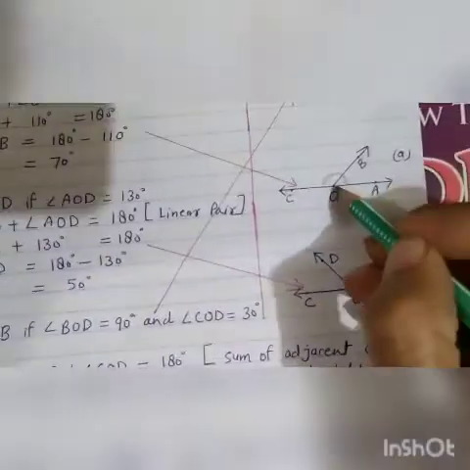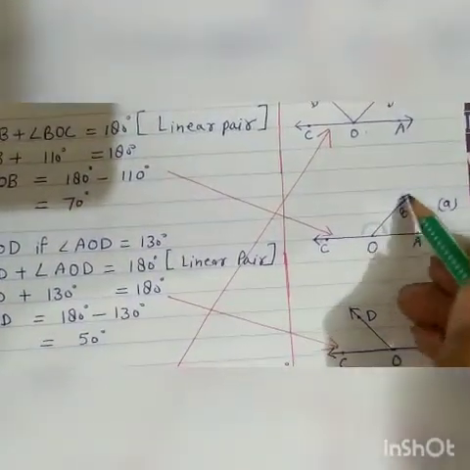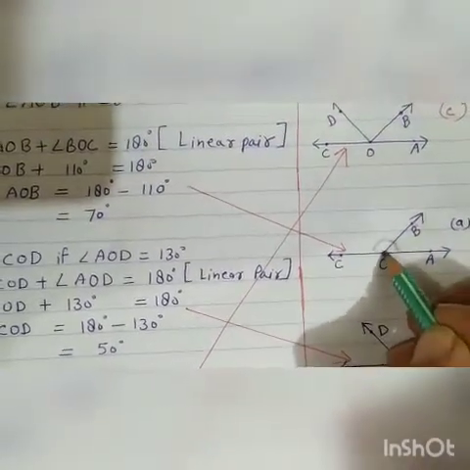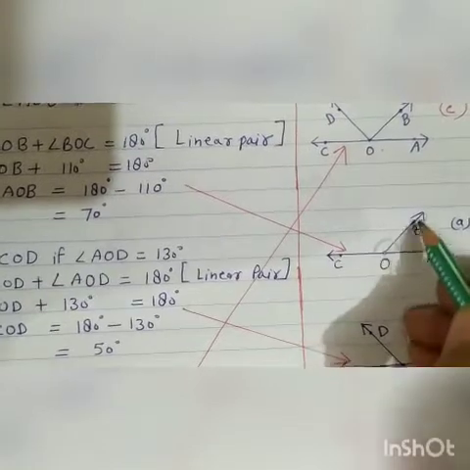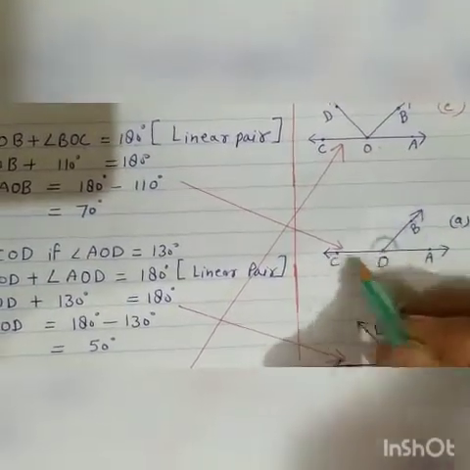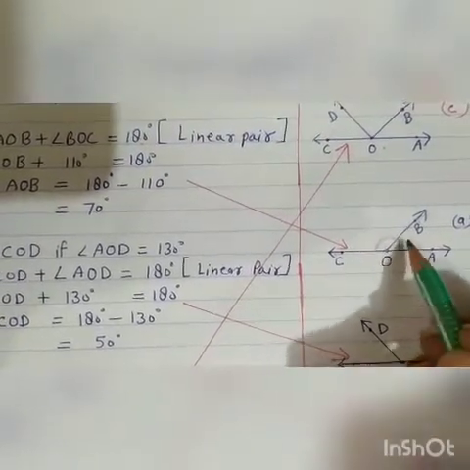So this OB ray is a common arm for this angle AOB and BOC both, and a common vertex. This point O is a common vertex for angle AOB and angle BOC both, and non-common arms on either side of common arm.